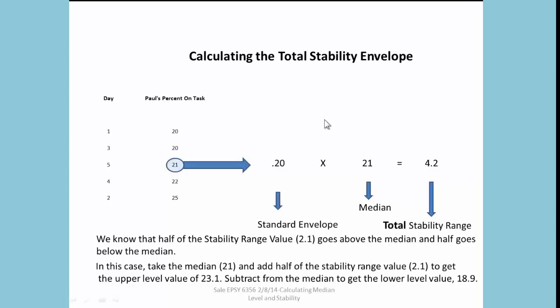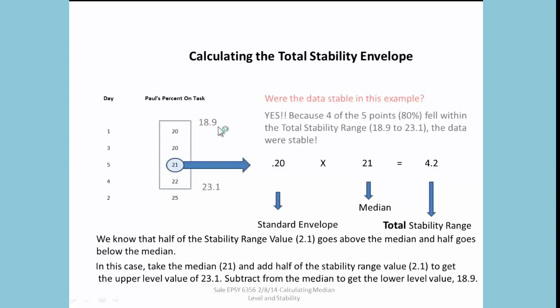That's, as they say, the $64,000 question. And I believe that you'll find that yes, the data were stable. I've got my little box here that shows approximately 18.9 and approximately 23.1.